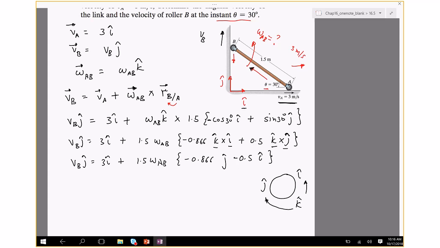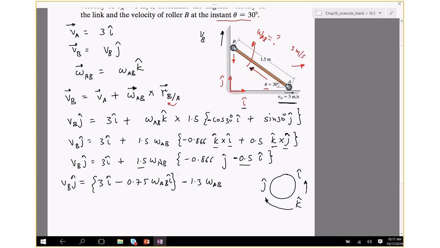So let's do that. VB j equals 3i minus 1.5 times 0.5, which is 0.75 omega AB, and this negative sign comes out there. And then the j component is going to be 1.5 times 0.866, that is 1.3 omega AB.